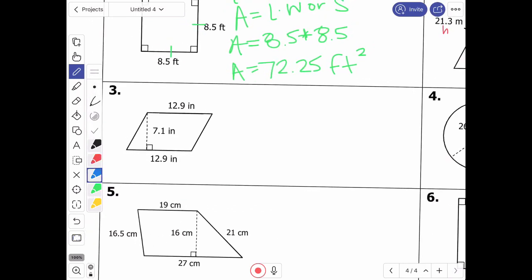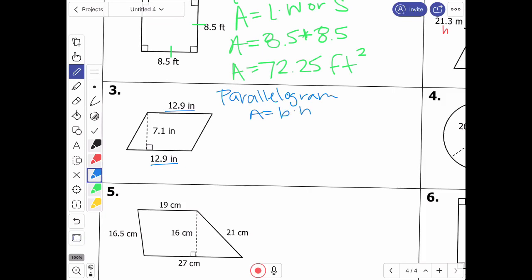In 3, I can already tell this is a parallelogram because I have 12.9 inches and 12.9 inches. Those are two congruent pairs of bases, as they like to say. So with a parallelogram, let me write this out. The area formula is just base times height.